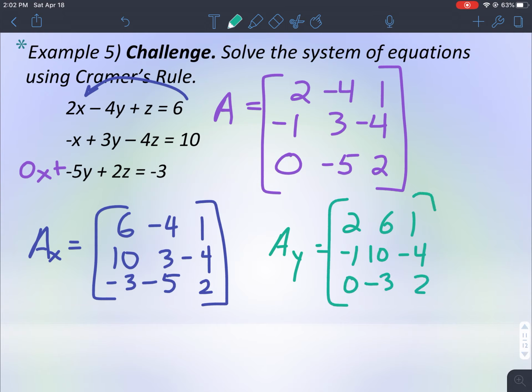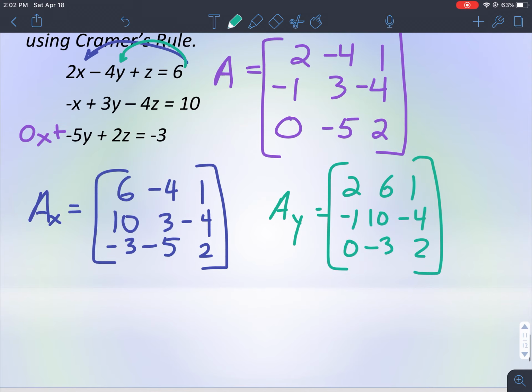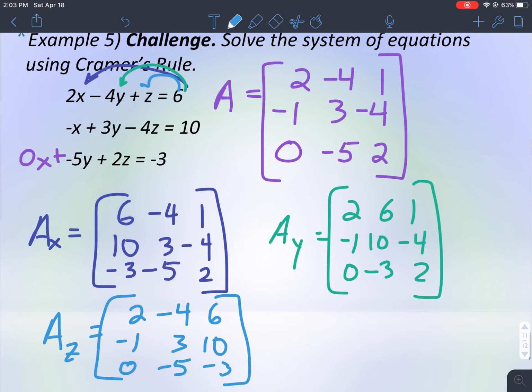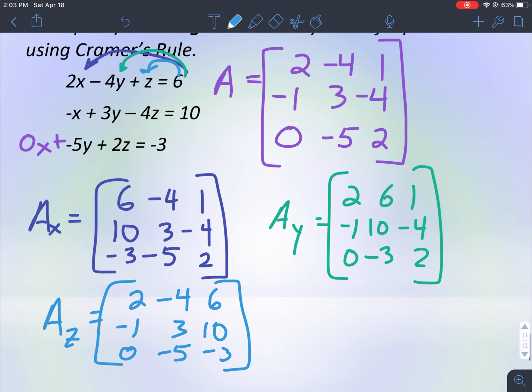For the augmented y matrix, I replaced the second column. And then for the z matrix, I replaced the third column.